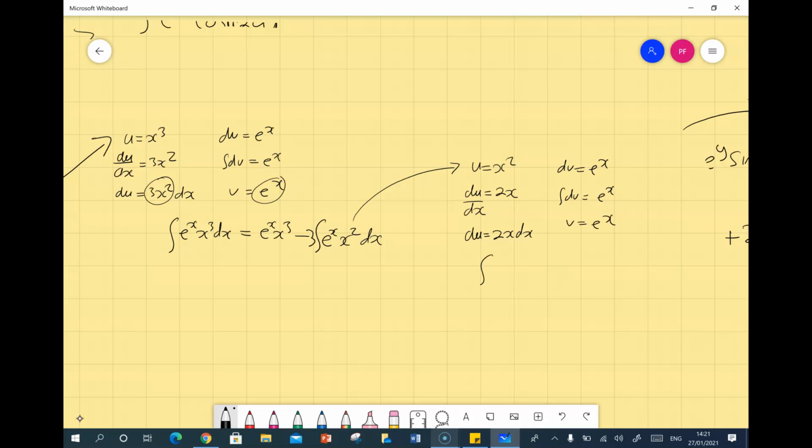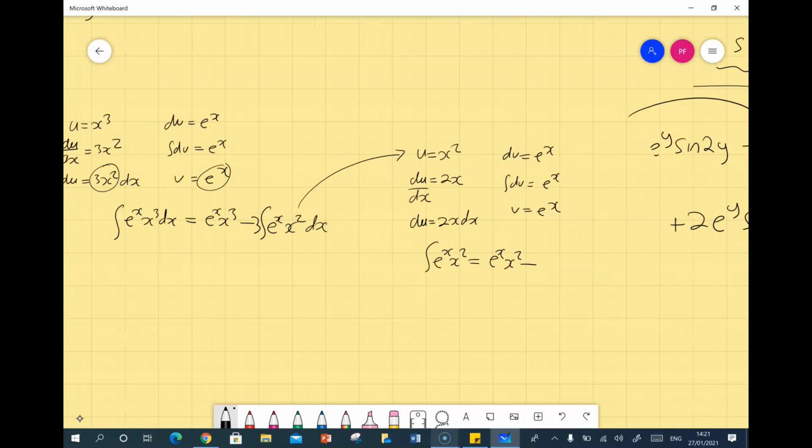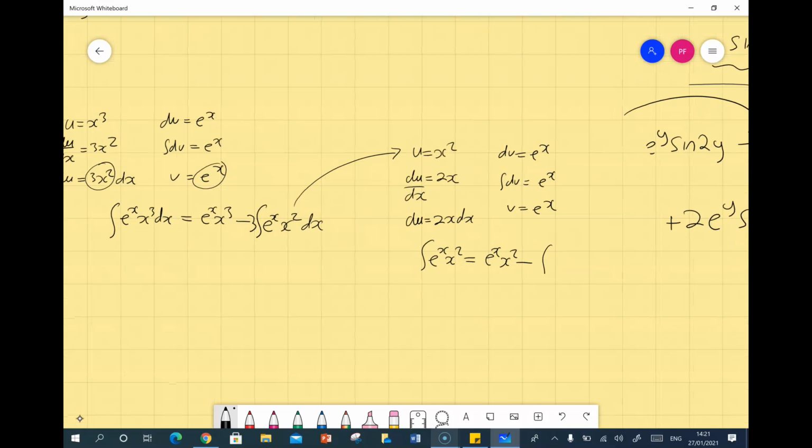So we put the integral together: the integral of e to the power of x, x squared, is equal to uv, which is e to the power of x, x squared, minus the integral of v du, so e to the power of x times 2x dx. And again, the 2 is multiplying, so I'll pop it out in front. So I've just got x times e to the power of x dx.